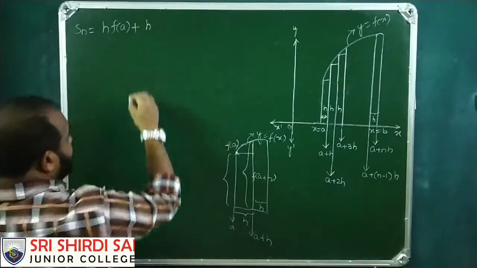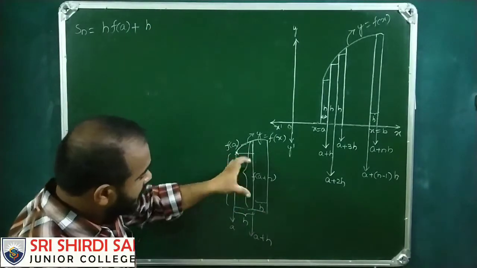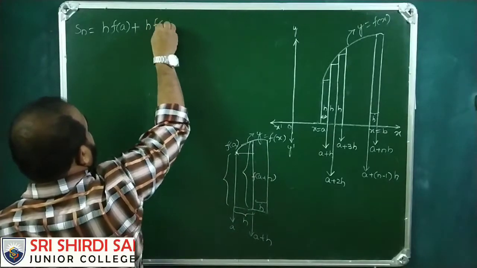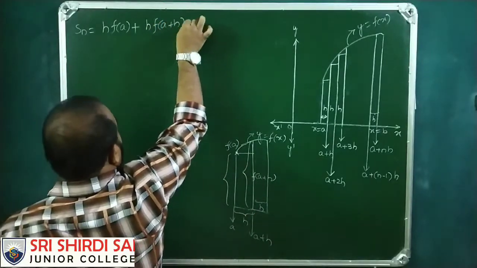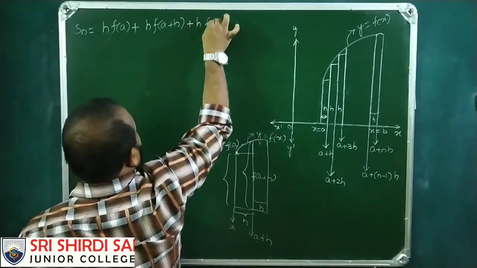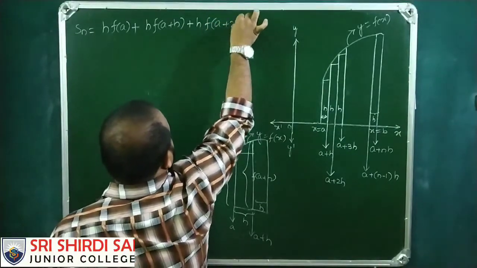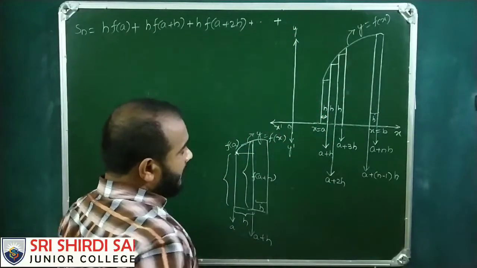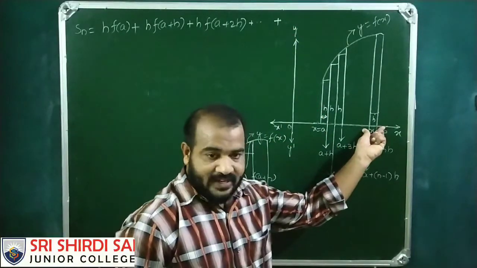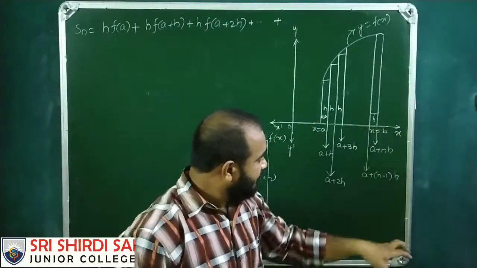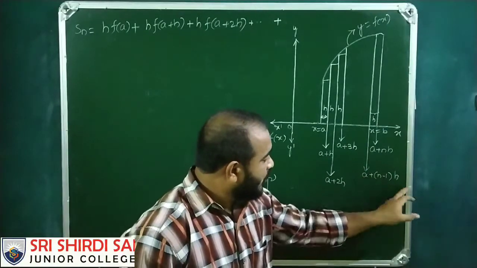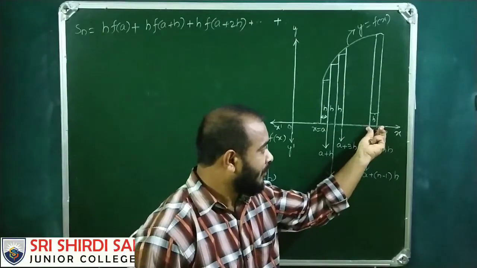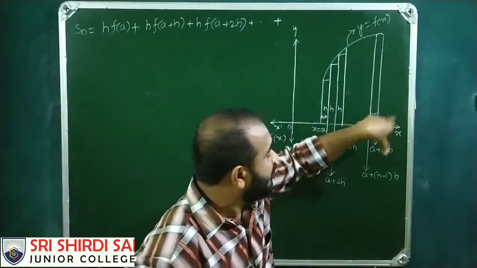So width h into height f of a plus h. The next term will be h into f of a plus 2h, etc., plus. Let us come to the last rectangle. For this last rectangle, width into height is h into f of a plus n minus 1 into h.